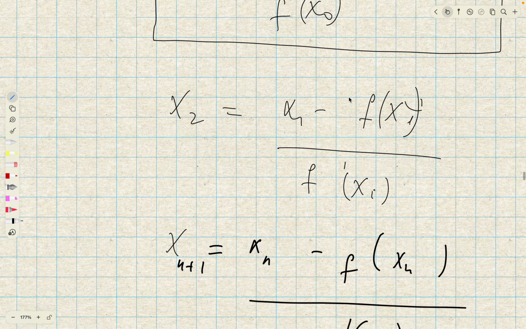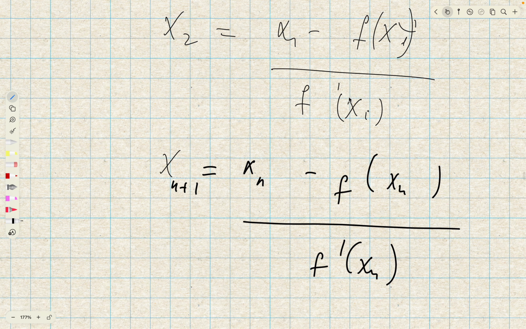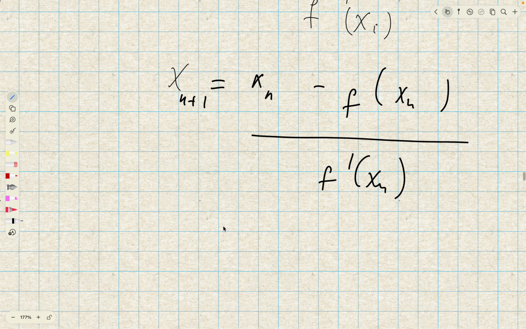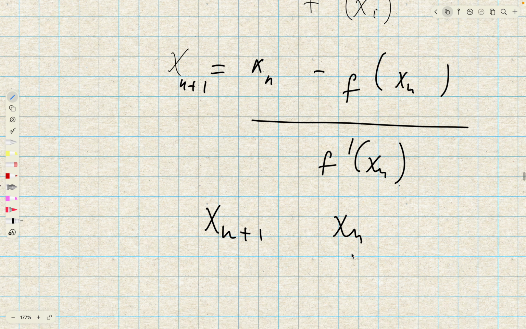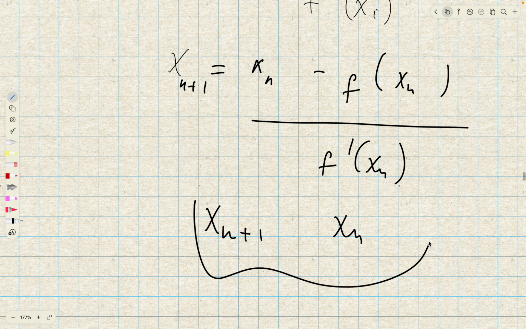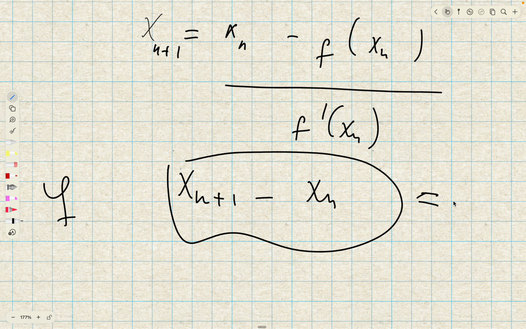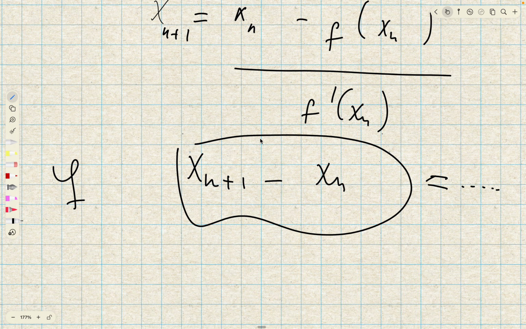So we can exploit that fact: as the distance between x(n+1) and xn decreases, we can set a threshold and say when the difference between x(n+1) and xn is this small number, then stop, because it can go infinitely.